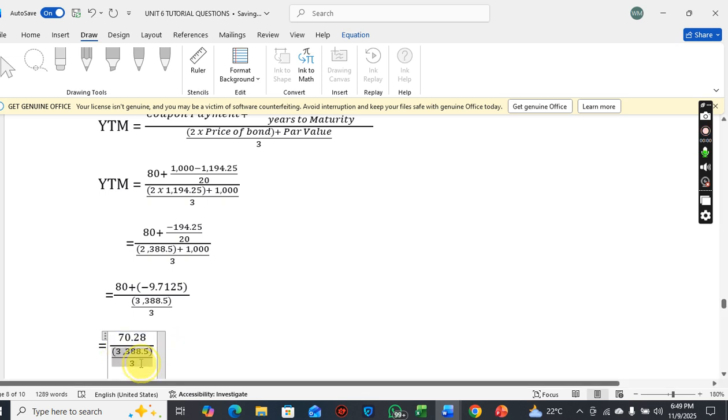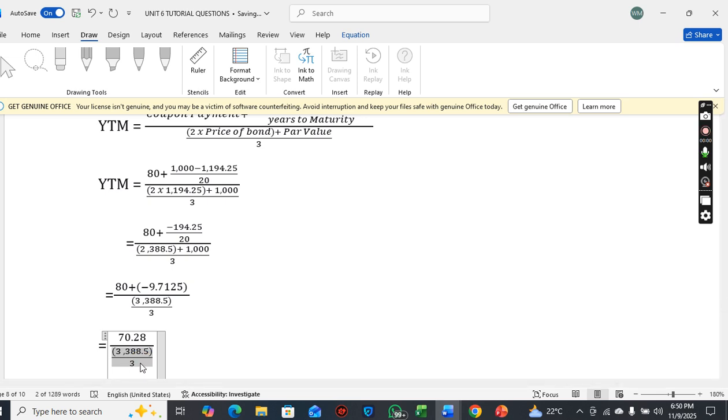Then this 3,388.5 divided by 3, we get 1129.5.